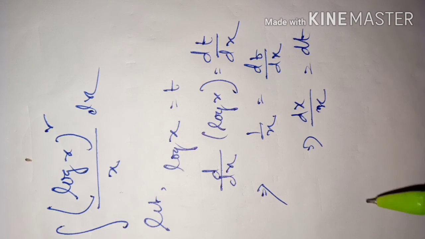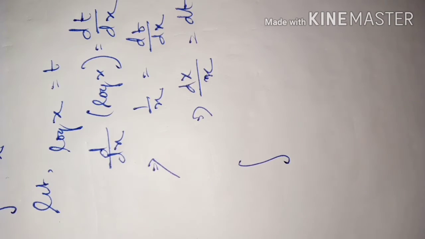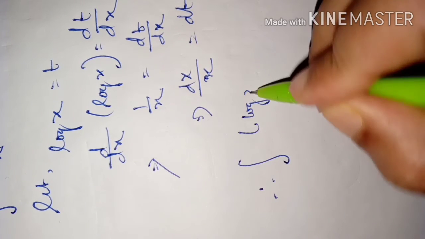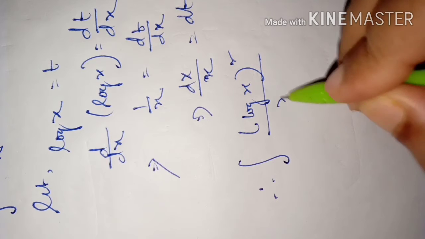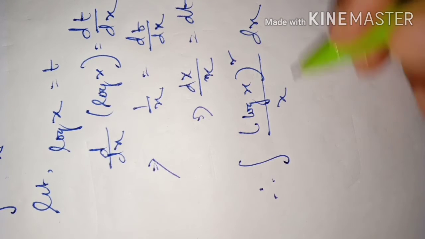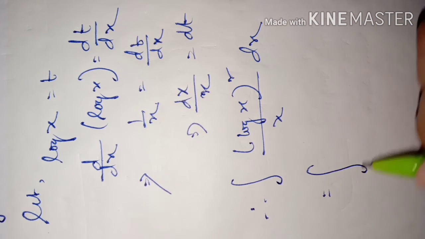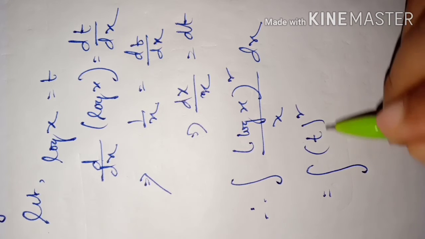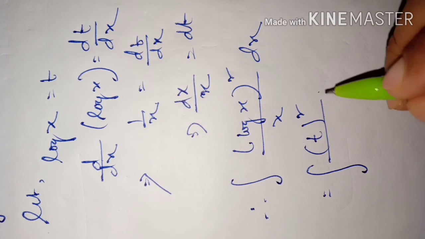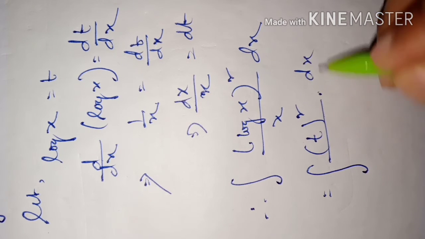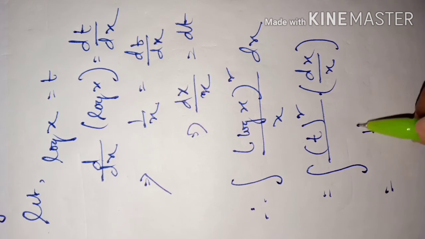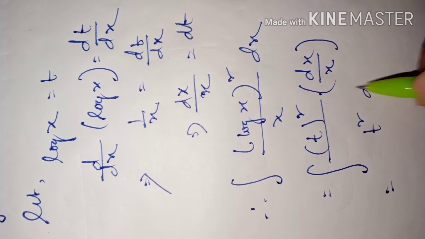So we rewrite the whole question again. Log x whole square by x dx is equal to integration of t whole square into dx by x. Now for this dx by x, what can you write? dt. So integration of t square into dt.